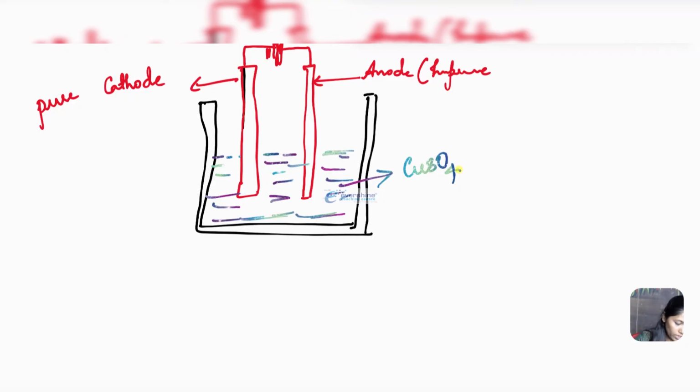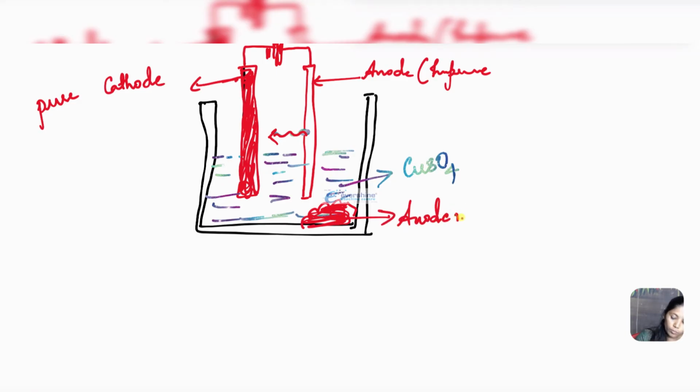As we pass the current, the impure copper from the anode goes and deposits on the cathode. So this cathode is now a pure copper rod, and whatever impurities are there, they go and collect at the bottom of the tank.